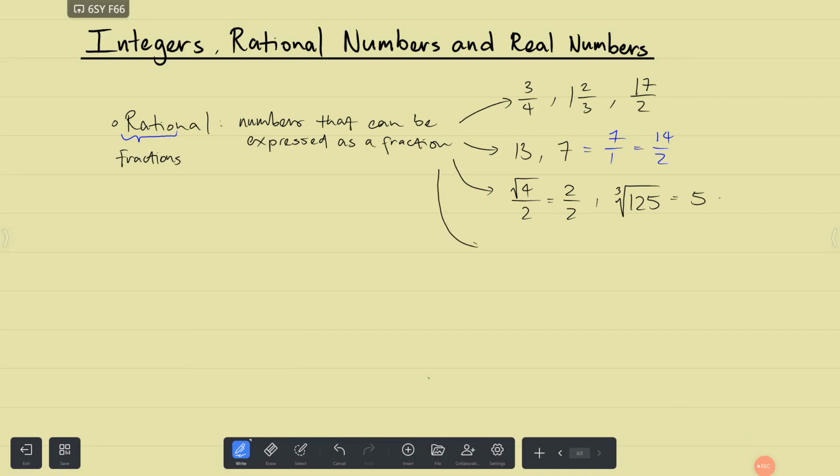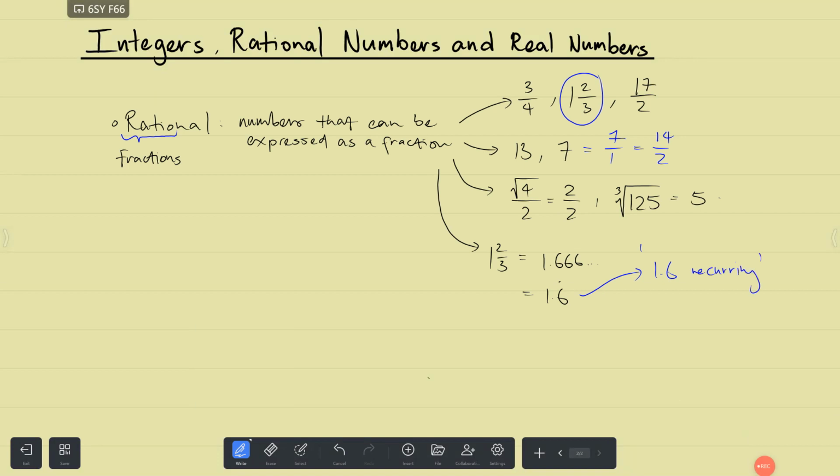What about numbers like 1 2/3? If you look at 1 2/3, you type it in your calculator, you get the following answer: 1.666, and it goes on. So we rewrite this as 1.6 recurring, right? This is something we'll discuss later on. 1.6, and the dot means that it is recurring.